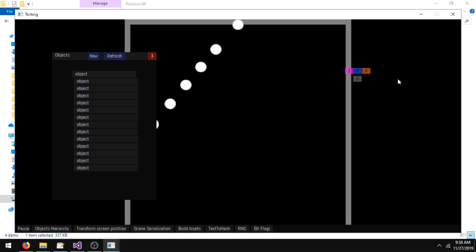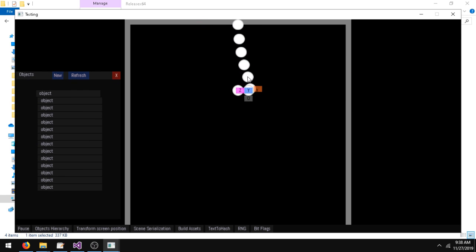Okay, I'm gonna try building the car example.